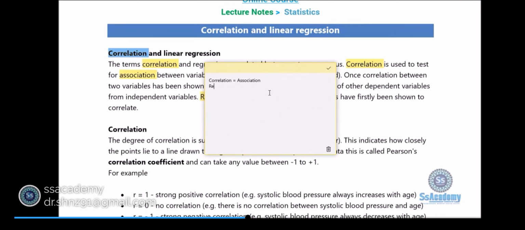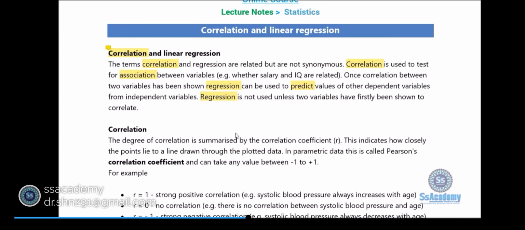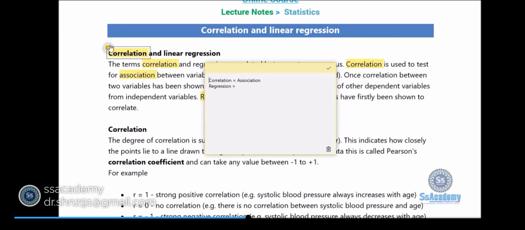And regression equals prediction. So correlation is an association. The way I'm writing, just follow me. Correlation is an association, and regression is a prediction.